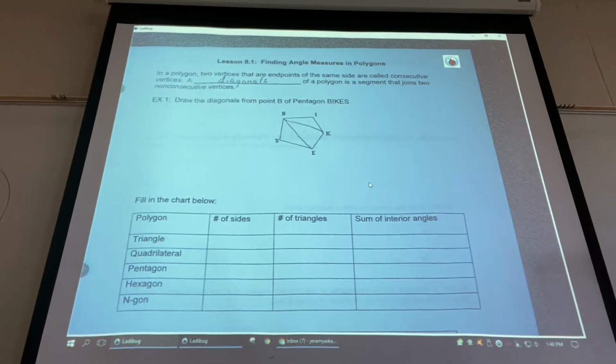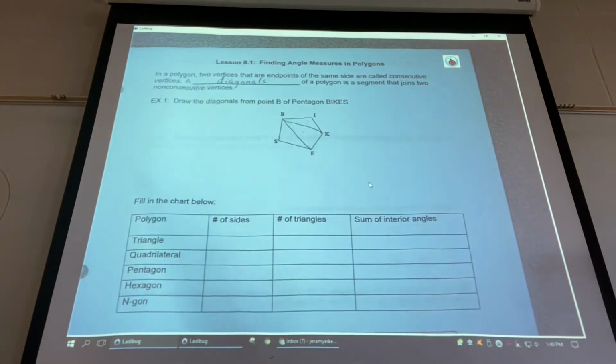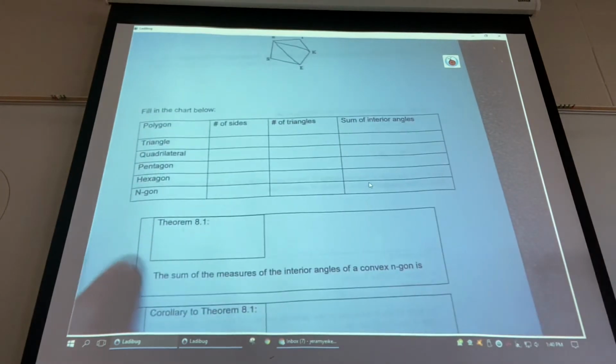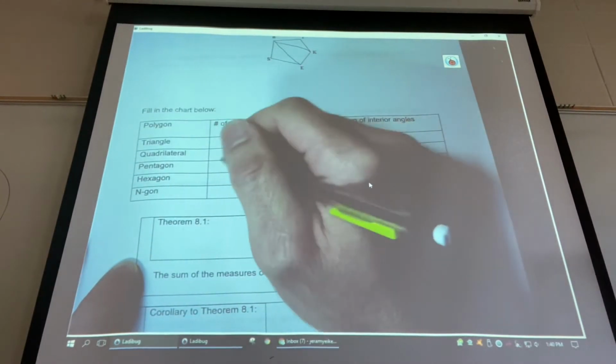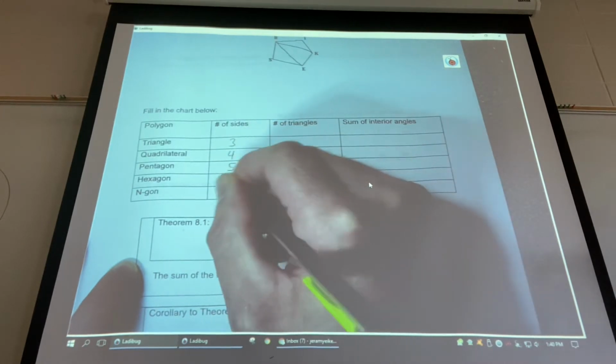But here's the thing, it's got to be a convex polygon. What does that mean? It's not a star. There's no dents. You guys with me on that? All right. And so this chart here says number of sides: 3, 4, 5, 6, n.